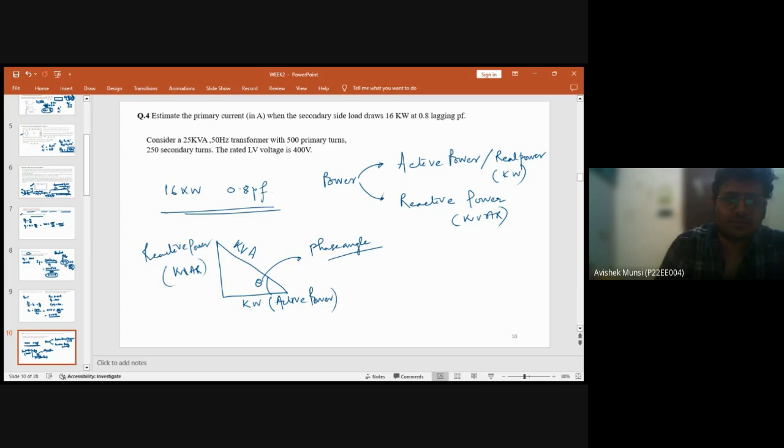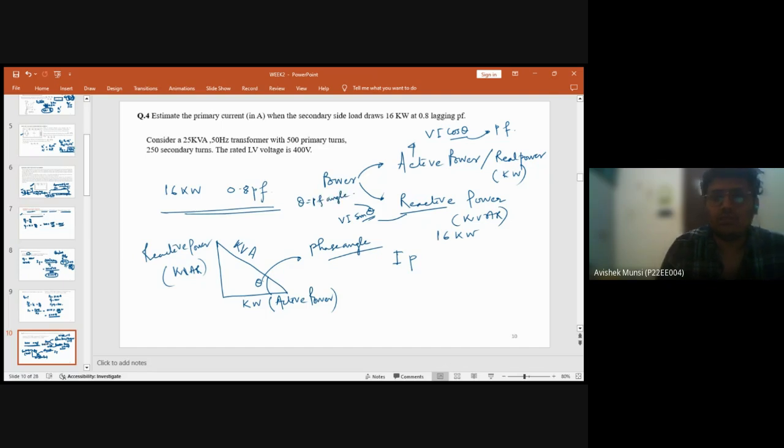So in this case, we have to calculate the primary current. The real power drawn by the secondary side through the primary side is 16 kilowatt. This real power, active power, can be defined as VI cos phi, where cos phi is the power factor, and reactive power as VI sin phi, where phi is the power factor angle.